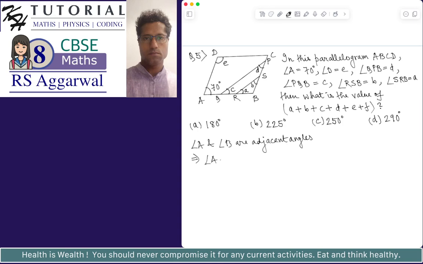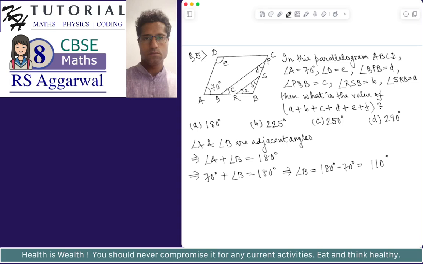So we must have angle A plus angle B equal to 180 degrees. Now angle A is given to be 70 degrees. So 70 degrees plus angle B is equal to 180 degrees. This implies angle B is equal to 180 degrees minus 70 degrees, which is equal to 110 degrees. So angle B is equal to 110 degrees.